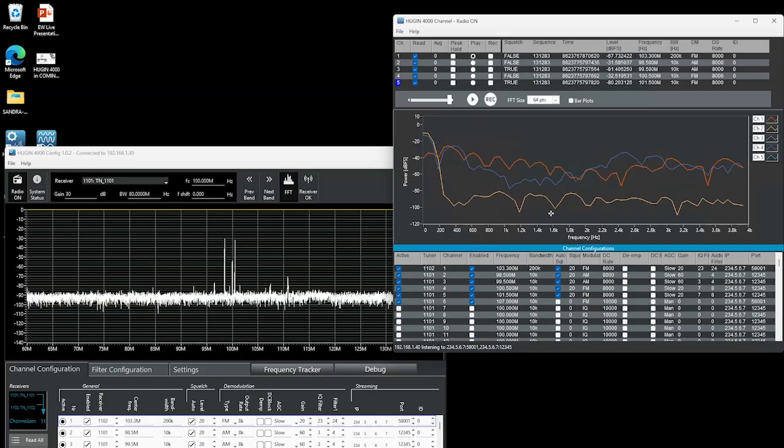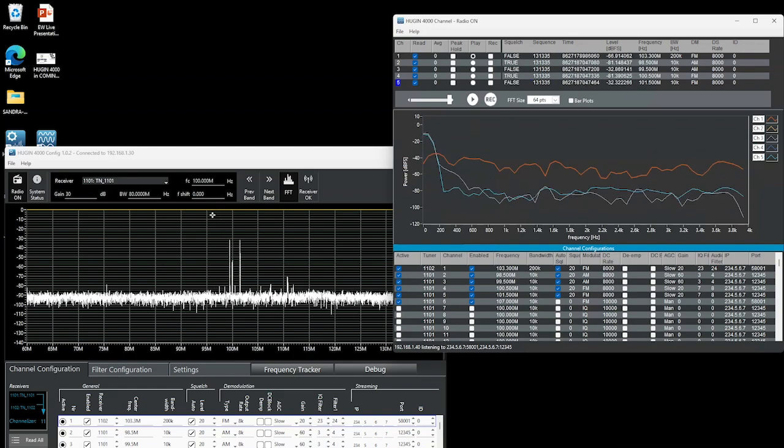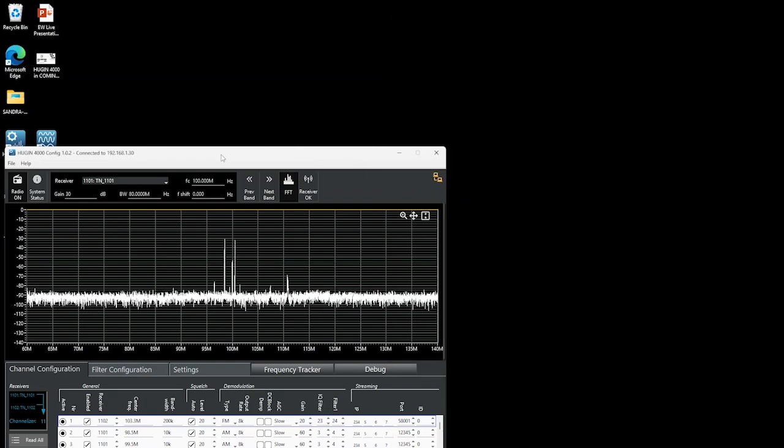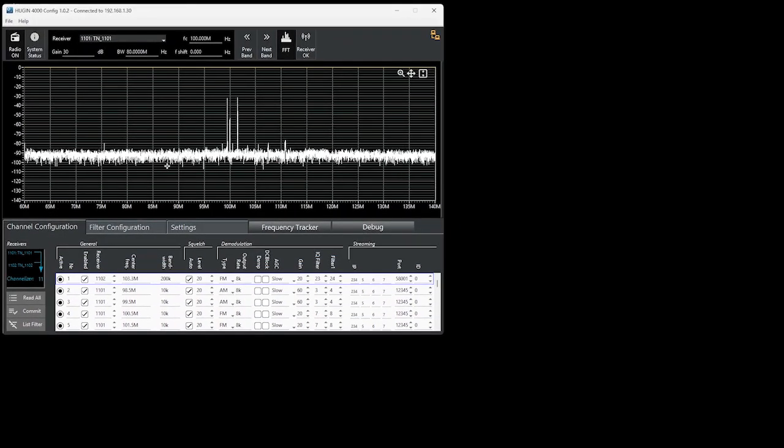On the operator system, we're running both the HUGIN config and the HUGIN channel software programs. Let's start off with the config. Here, we're going to configure the various channels that we wish to monitor. And I've already got some set up here.